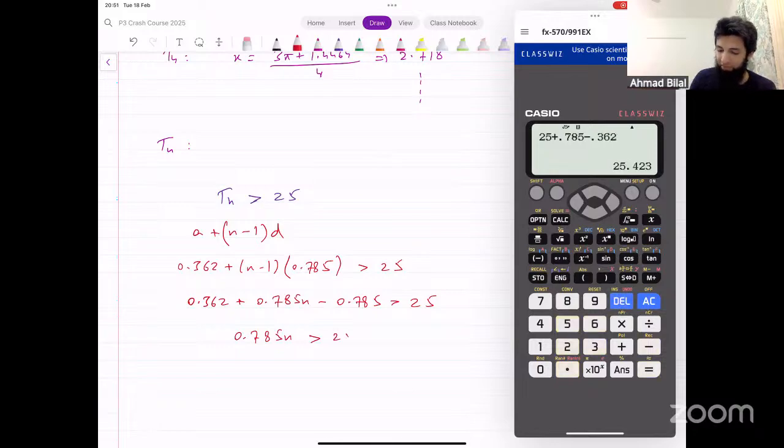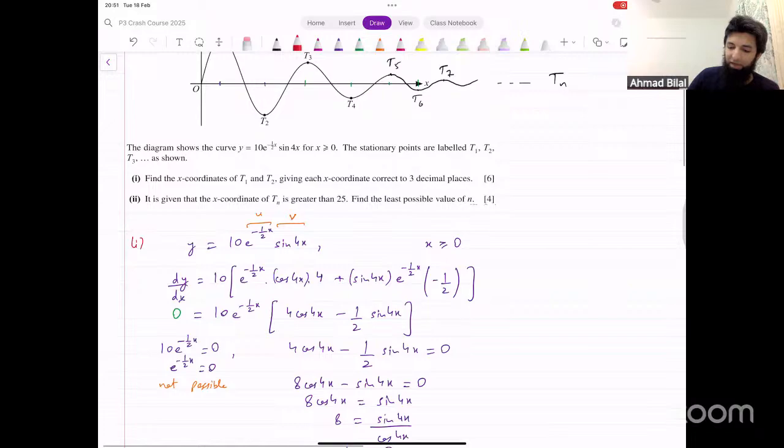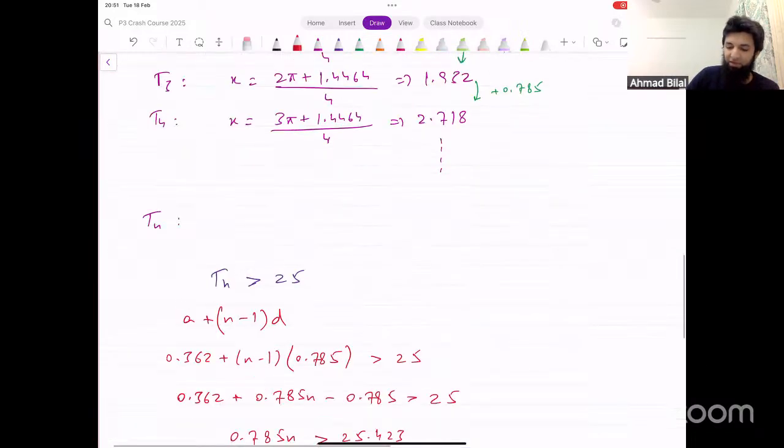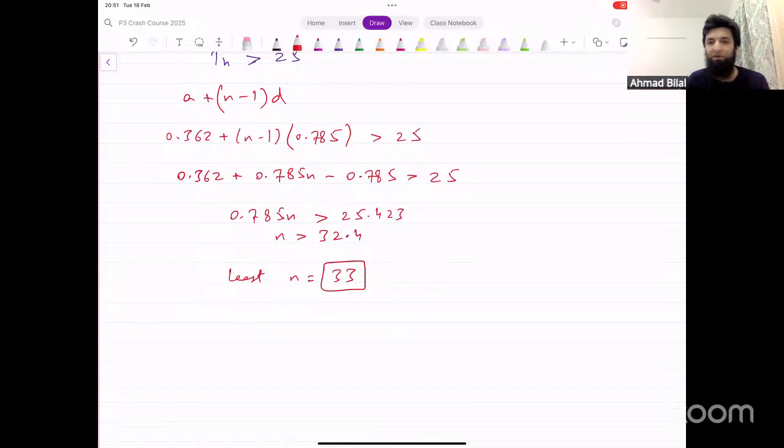That's 25.423, and n is greater than 32.4. What's the least value of n that satisfies this inequality? The least possible value of n would be 33. And that is your final answer.